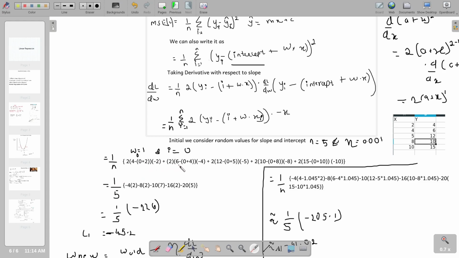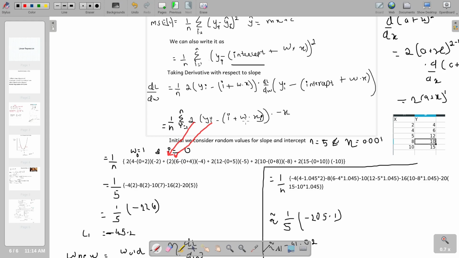Let's see the second point if you're getting confused. I'm keeping this 2 the same. For yi for the second point it is 6, so I have written here 6 minus intercept, which I have considered as 0, so I'll write 0.